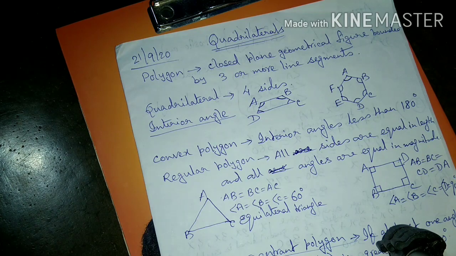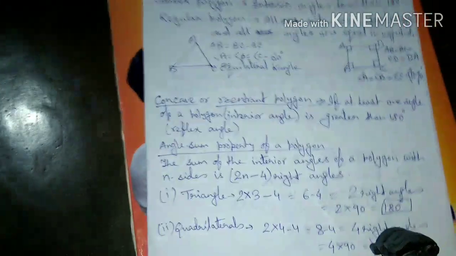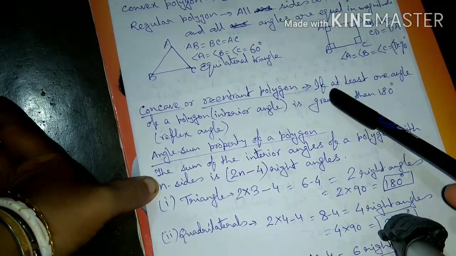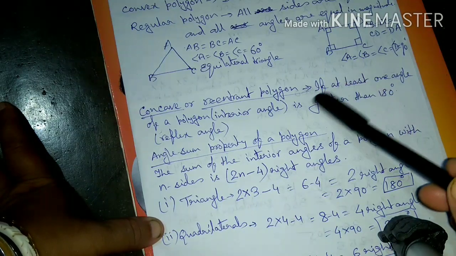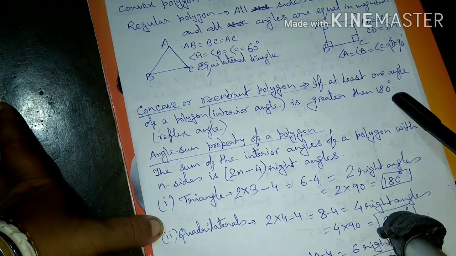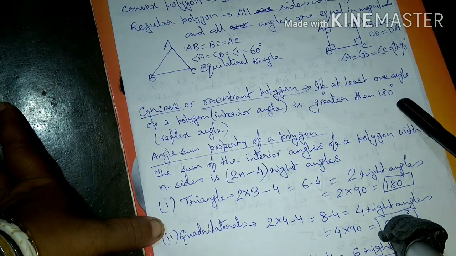Similarly, there is concave polygon also. What is concave polygon? If at least one angle of the polygon is greater than 180 degree. Which angle is greater than 180 degree?